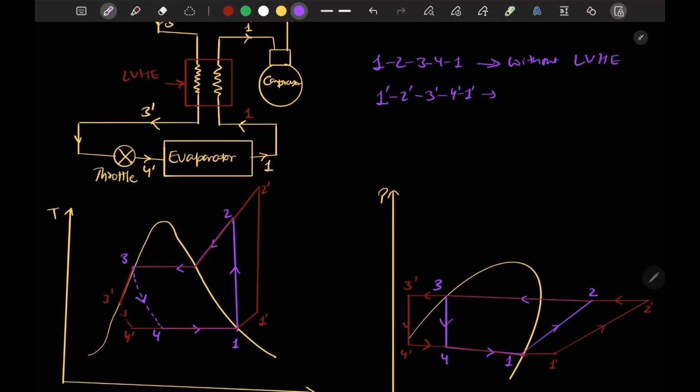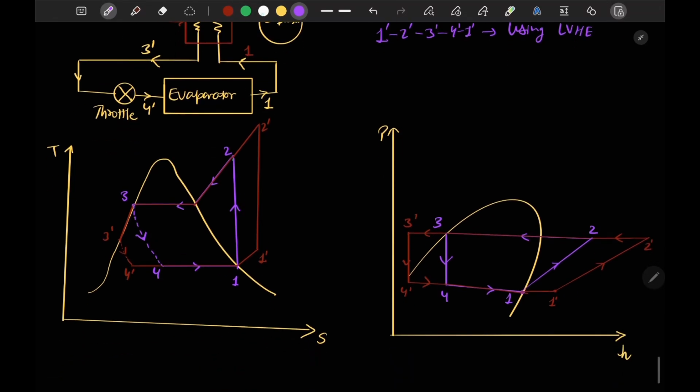This is using the liquid vapor heat exchanger. Now from these plots we can write two points. First is the subcooling effect. The subcooling effect will be from point 3 to 3 dash, that is H3 minus H3 dash.